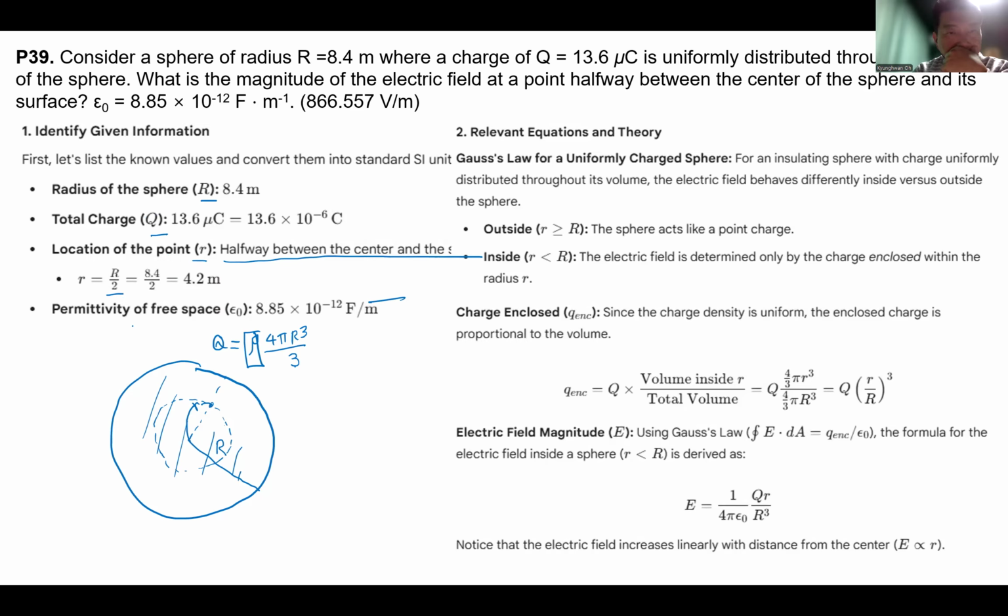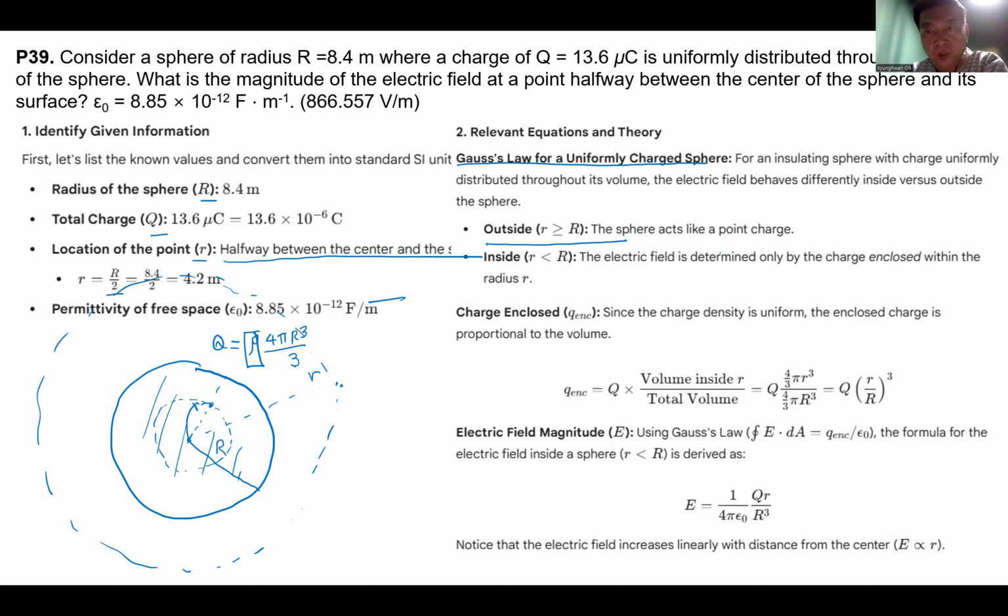the location of the point is given by this one, okay? And the relevant equation in theory is Gauss' law for the uniformly charged sphere. Outside, if our observation point is outside here, so that we take the Gaussian surface like this, then this whole charge is reduced to a point charge at the center.